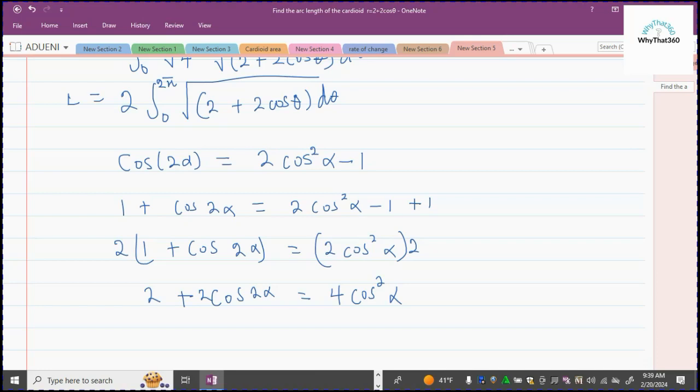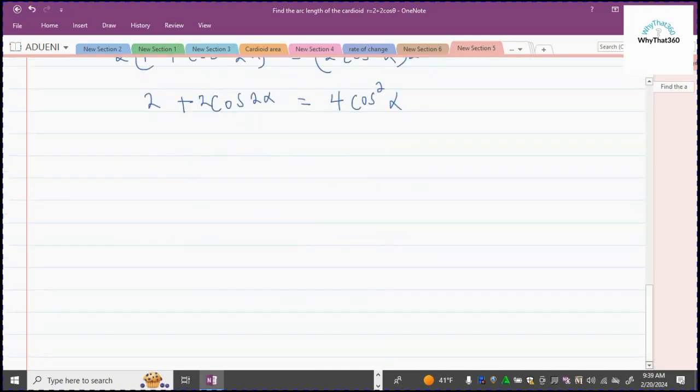That also gives us 2 alpha is equal to theta.